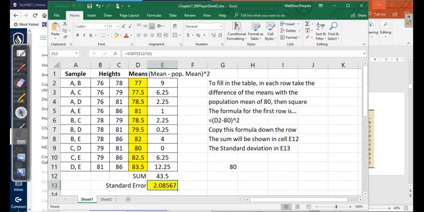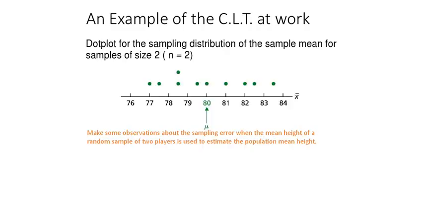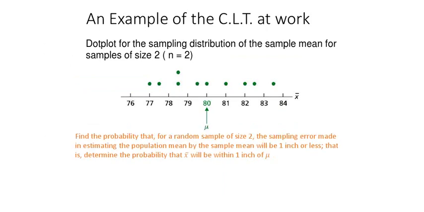Okay. So a dot plot for these sample means is shown right here. Let's make some observations about the sampling error when the mean height of a random sample of 2 players is used to estimate the population mean height. What can we say? Well, this is fairly spread out. The sample means range from 77 to just less than 84.